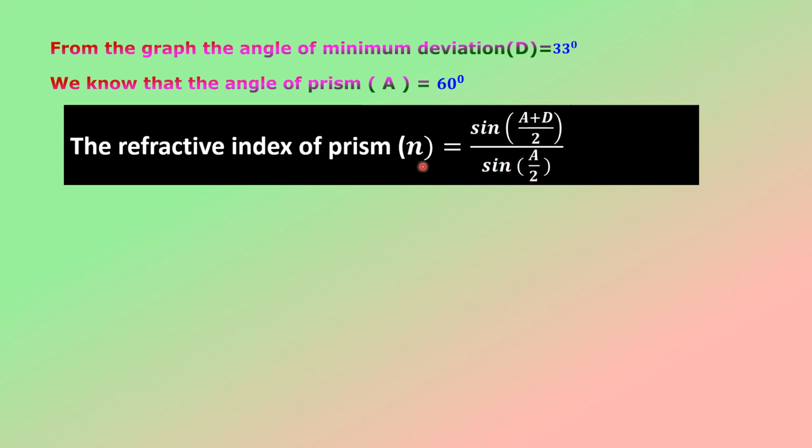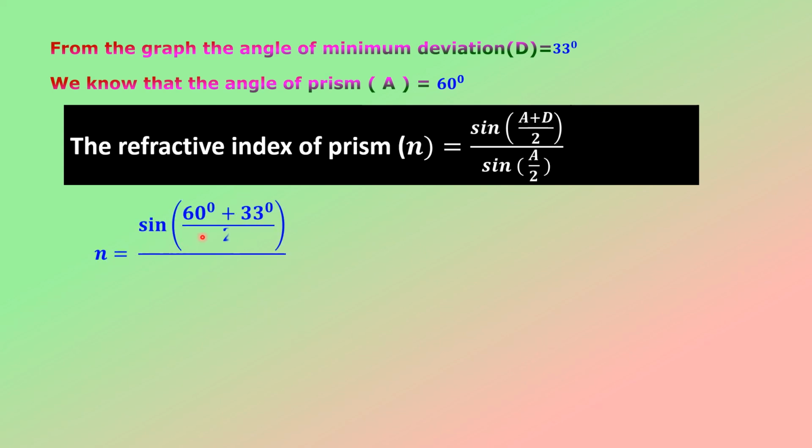In this formula, n is the refractive index of the material used in making the prism, and D is the angle of minimum deviation that we have found in this activity from the above graph, and A is the angle of prism. Its value is 60 degrees. So let us substitute these two values in this formula and simplify it.